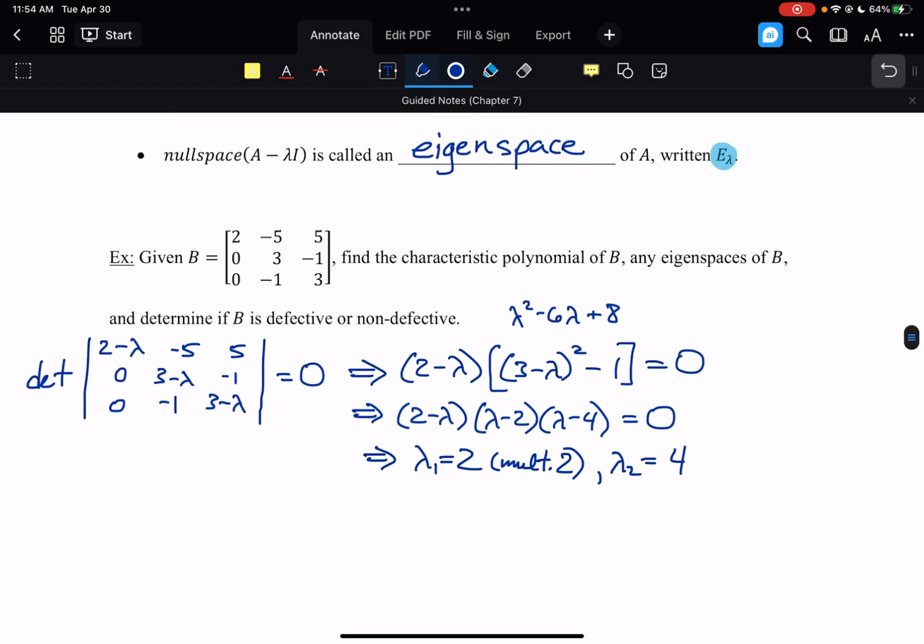So the characteristic polynomial, we'll start with that. Characteristic polynomial P of lambda, we've got negative 1 to the n, where n is 3, or you can just picture factoring out the negative 1 from here again. That's negative lambda minus 2 squared times lambda minus 4.